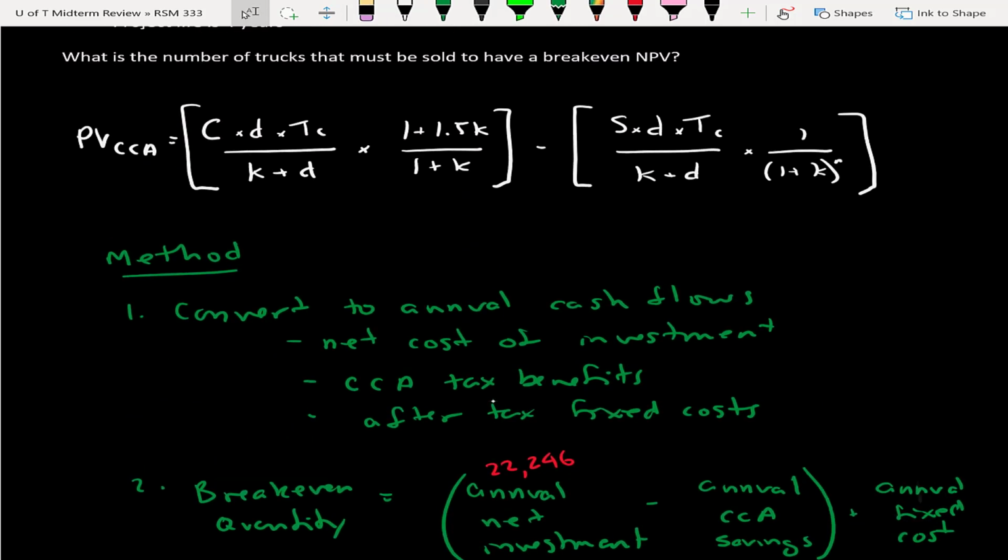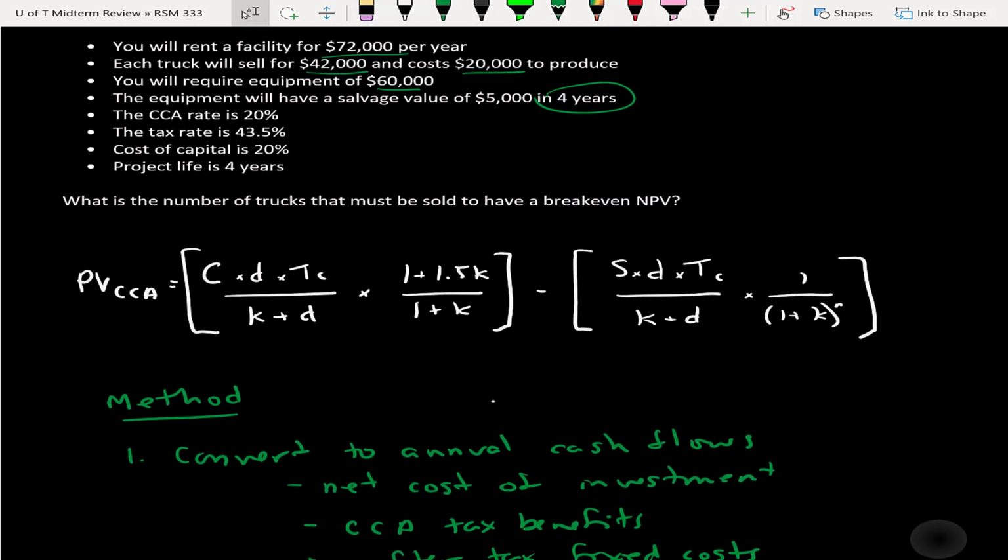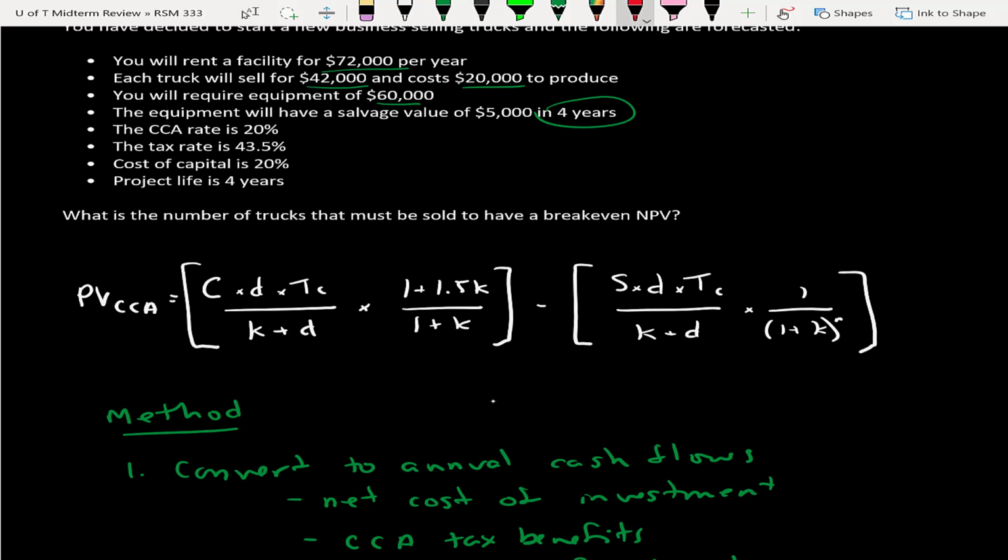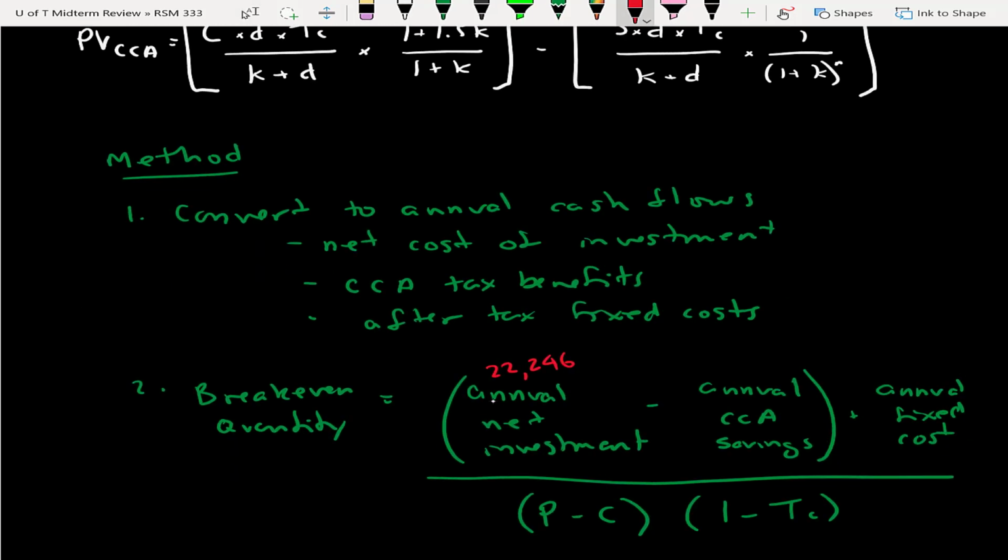The annual fixed cost is pretty straightforward, so let's do that one next. It's given to us as 72,000 per year. We will take 72,000 times 1 minus the tax rate, 0.435.